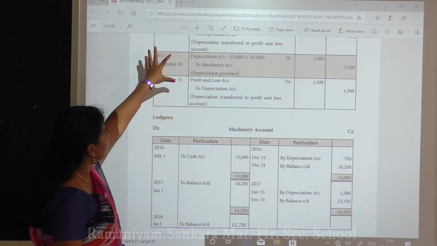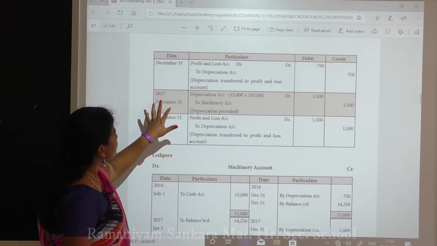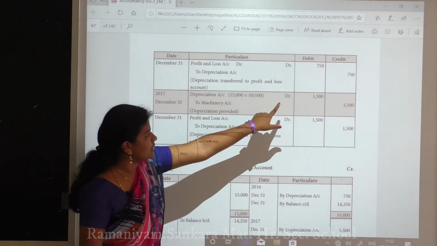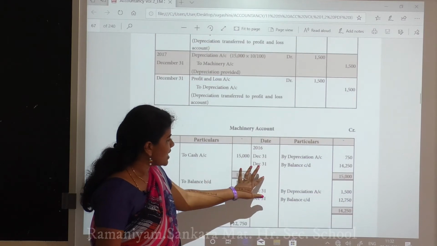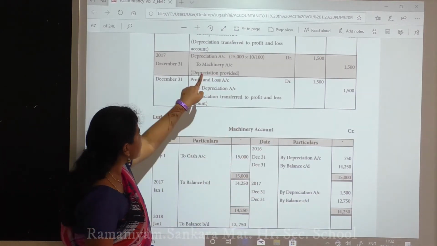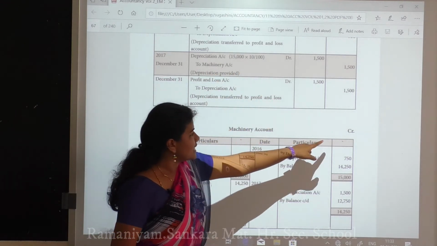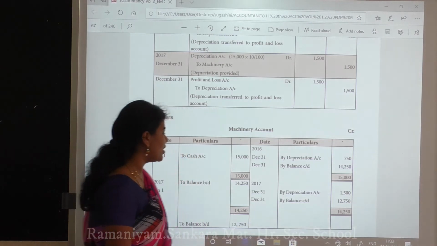Now we are going to see the machinery account only. Next, in the machinery account credit side, 1,500: by depreciation account 1,500, because machinery is credited and depreciation account is debited. So on the credited side you write depreciation, 1,500.